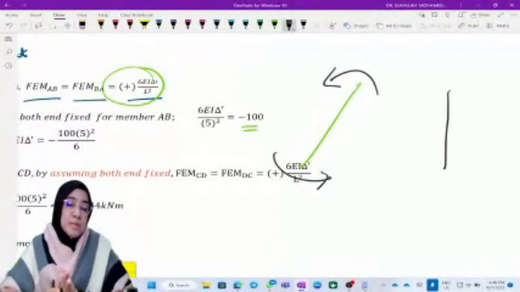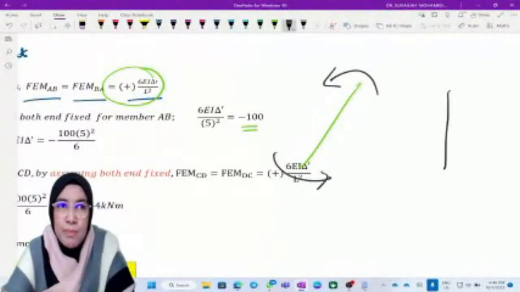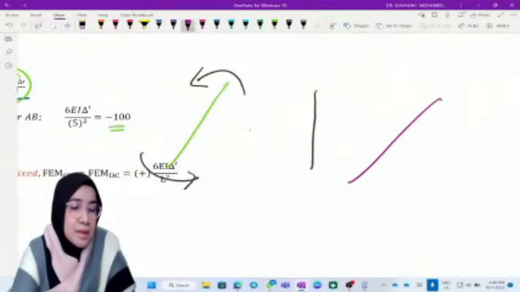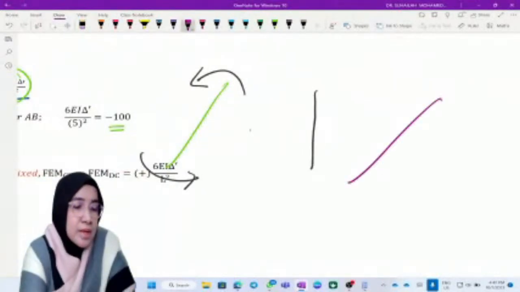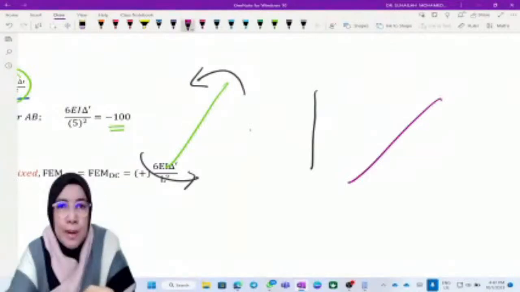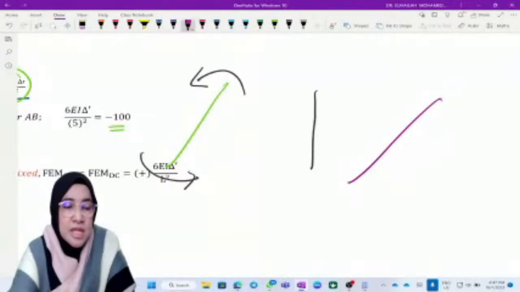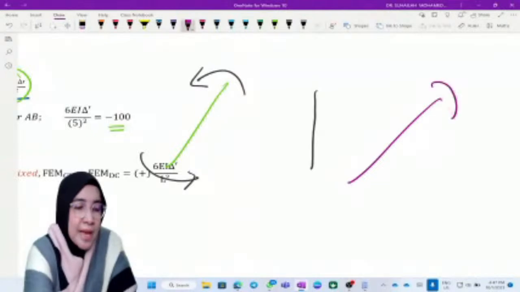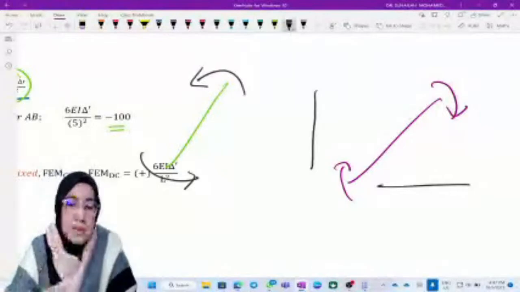If we put the wrong sign, what happens? This is the new position of the column, and if we apply a positive FEM, we push the column further forward, like applying a clockwise moment.